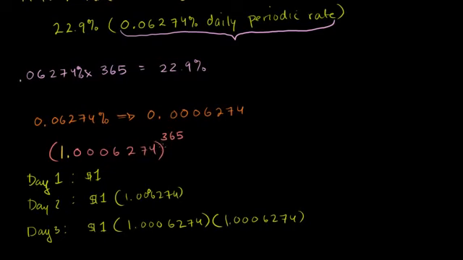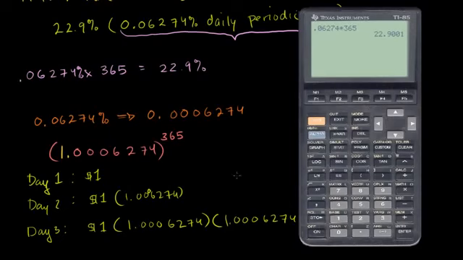So let's figure out this number. Once I get this and subtract 1 from it, that is the mathematically true, the effective annual percentage rate. So if I take 1.0006 and raise it to the 365 power, I get 1.257.